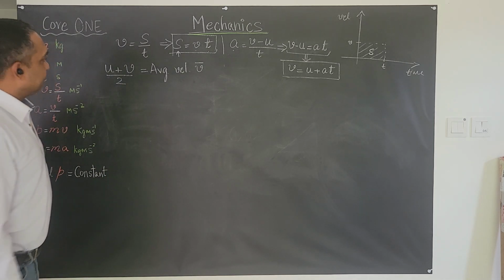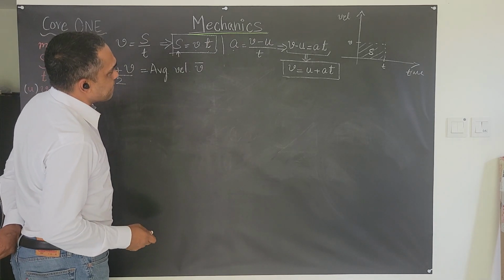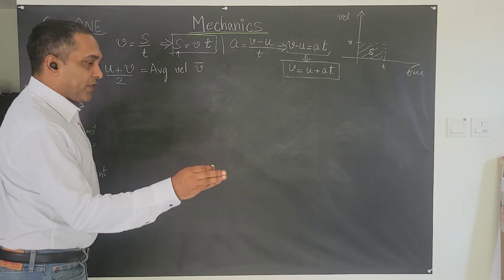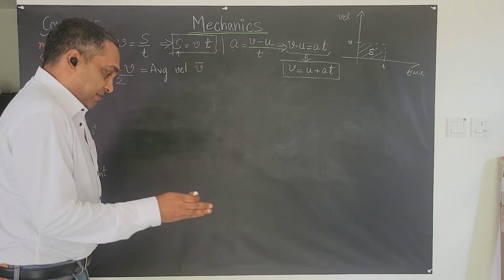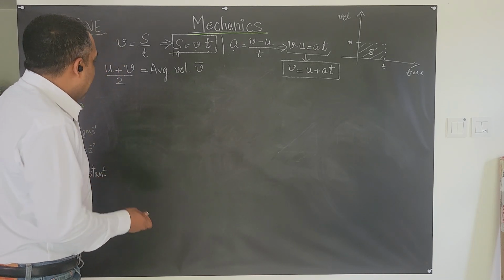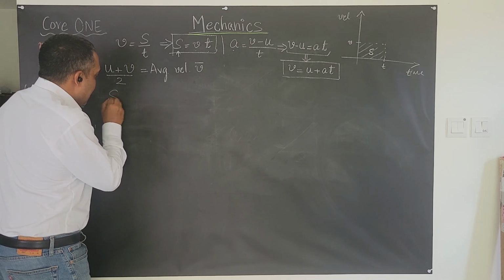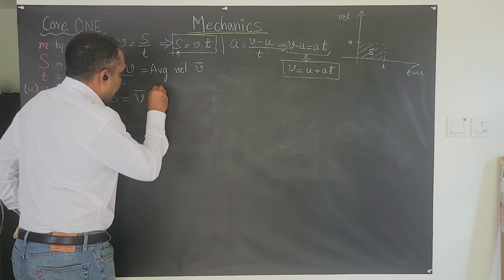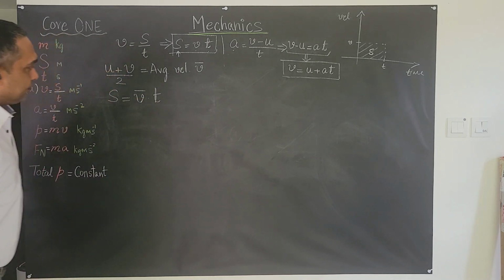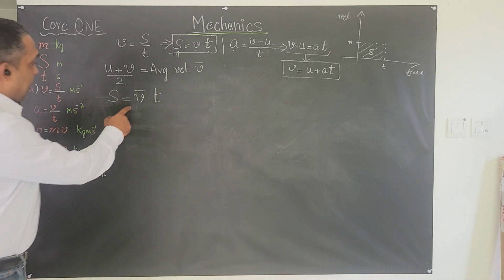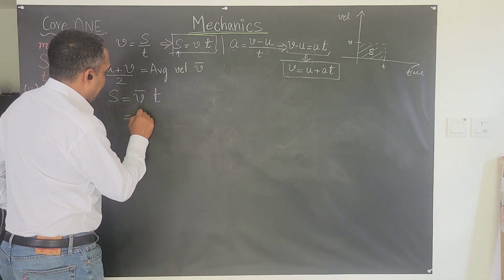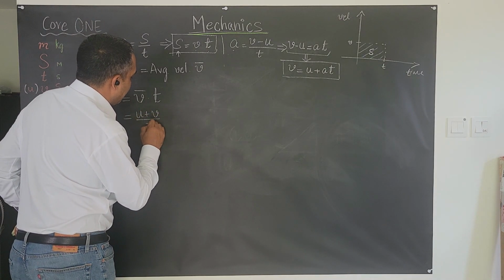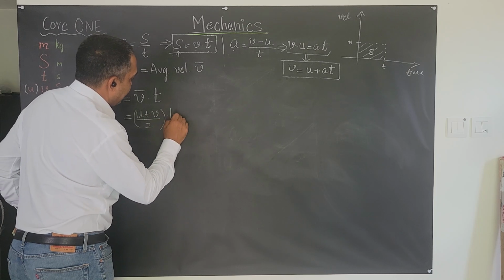With me so far? In which case, could I then say, well, the average velocity I'm going to assume is the mean velocity during that time t. So I could conveniently now say s is equal to the average velocity times time. Cool. Average velocity is nothing but initial velocity plus final velocity divided by 2 times time.